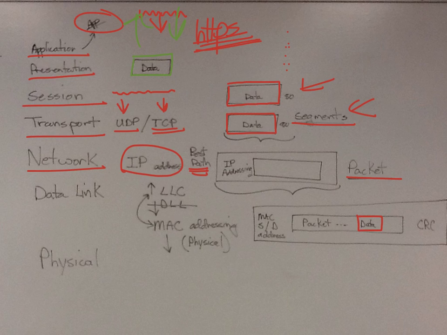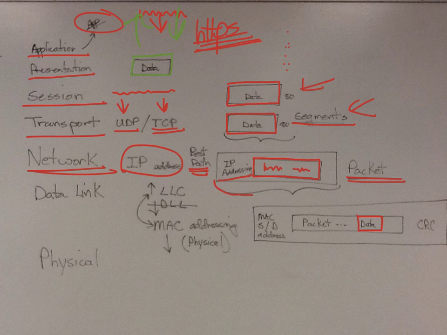So down here at the network layer, it grabs all of the information from the segments. That would not only have the data, but it'll have the port numbers in there too. Then it's going to add source and destination IP addresses. And we call it a packet.